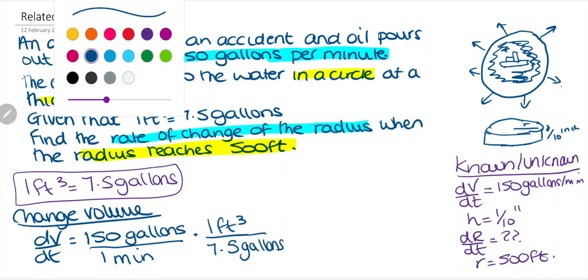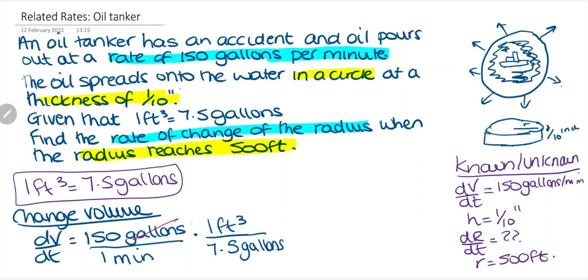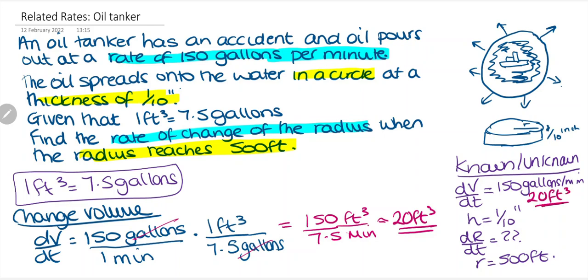The gallons will simplify, so if I multiply this out, I'm left with 150 cubic feet divided by 7.5 minutes, which simplifies to 20 cubic feet per minute. So we have 20 cubic feet for our volume.